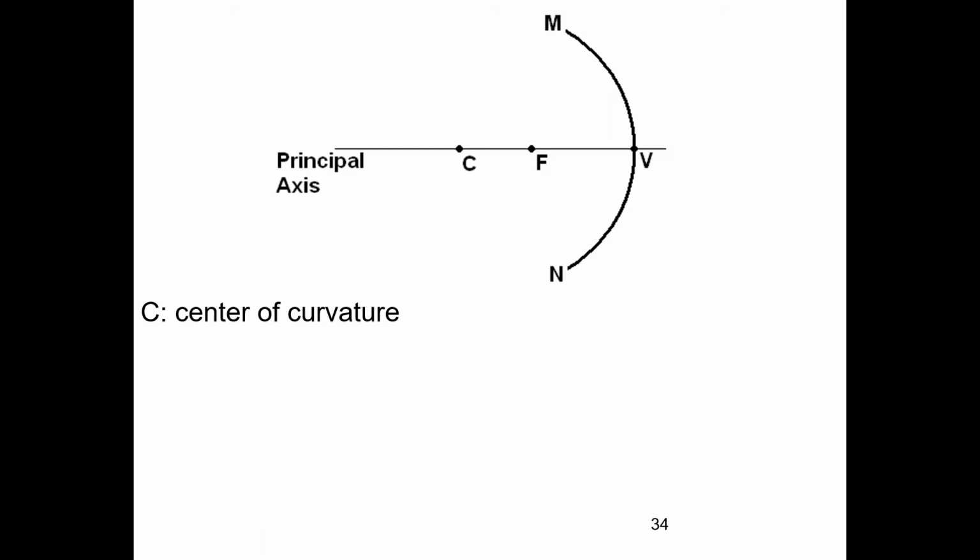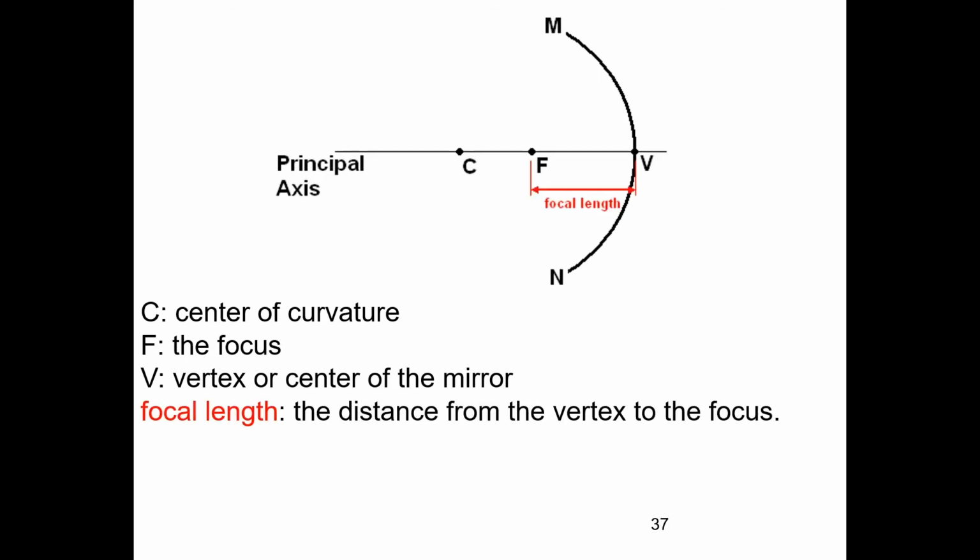If you were to draw this with a compass, that's where you would put the compass point. F is the focus or focal point. V is the vertex or the center of the mirror. And the focal length is the distance between the vertex and the focus.